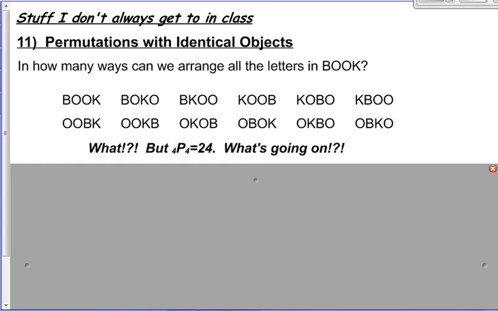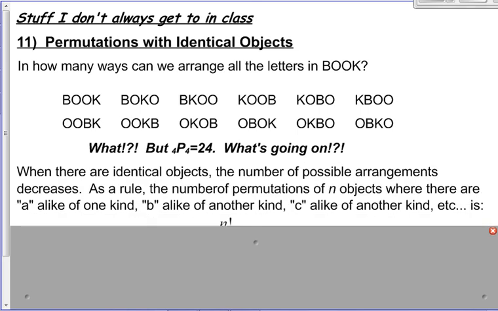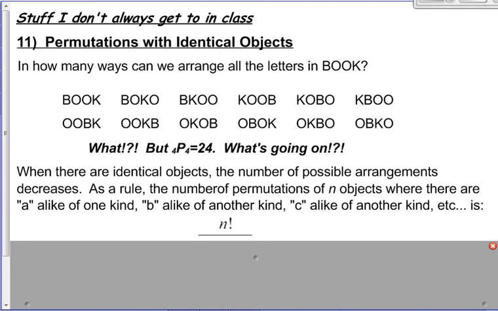So that's weird. We have fewer than we expected. The reason I go 4P4 is that there are 4 objects, and we're selecting 4 of them. When there are identical objects, the number of possible arrangements decreases. That's because you can't tell the difference between whether this was the first O or the second O that went here.